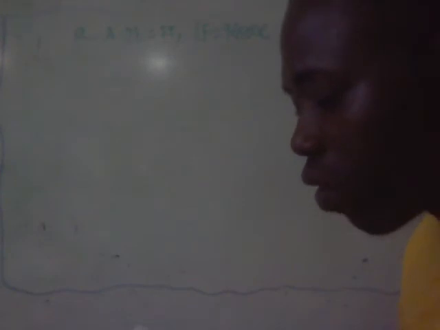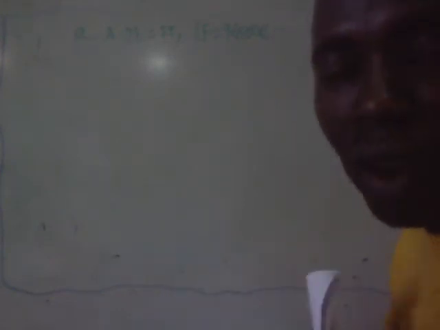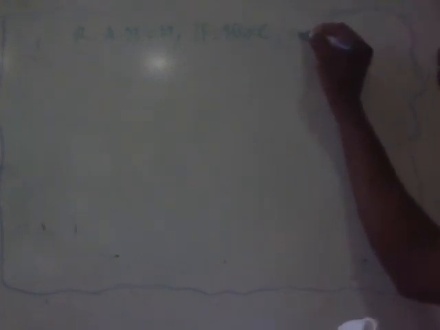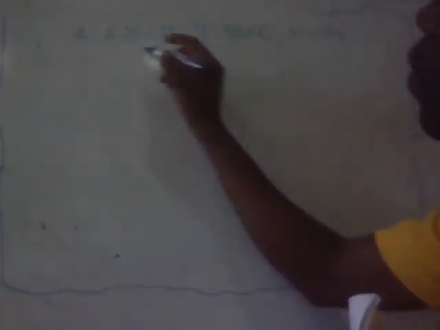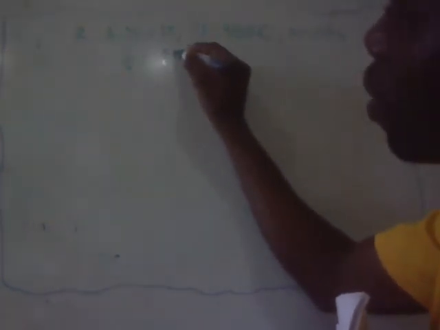Then they said, what quantity of current in amperes will deposit 5.4 grams of aluminium? The mass of aluminium given is 5.4 grams. Are you there? And then we are given time T as 8 hours.